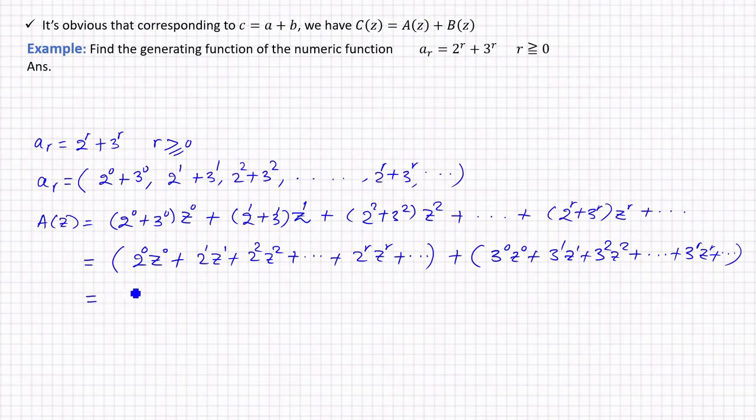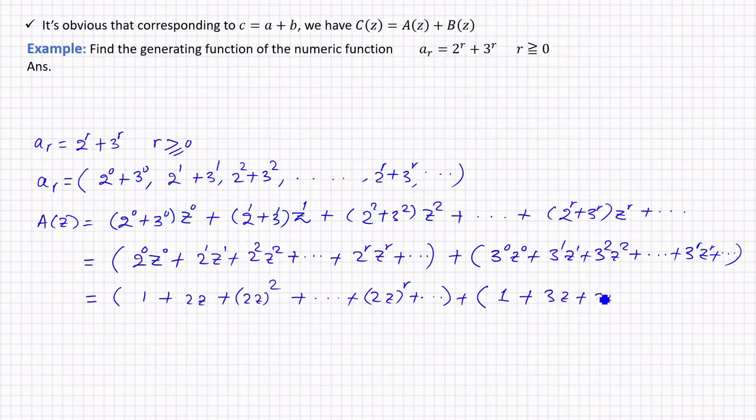Now we can write it in simple form. This is nothing but 1 + 2z + (2z)^2 + ... + (2z)^r, and similarly 1 + 3z + (3z)^2 + ... + (3z)^r and so on.